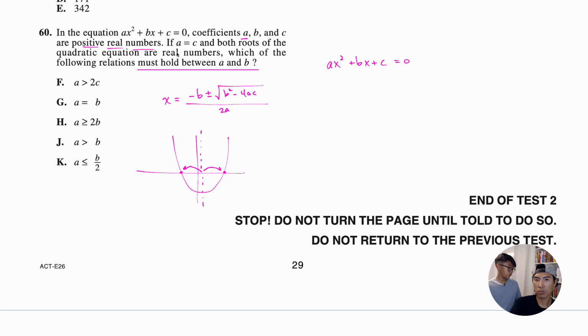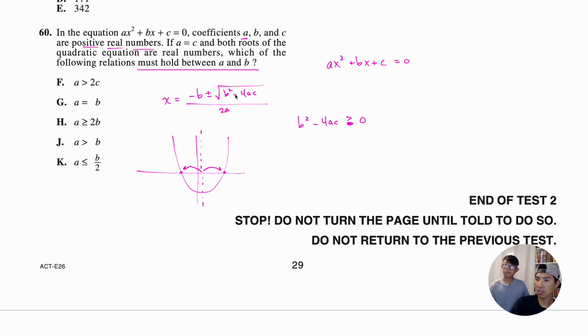So we have this quadratic, and a equals c, both roots are real numbers, and we ask which relation must hold between a and b. In order to have 2 roots, this part, called the discriminant, b squared minus 4ac, has to be greater than 0. Actually, not equal to, just greater than 0. Why?